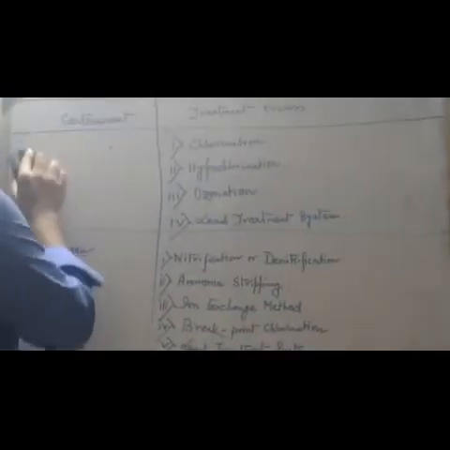Okay. Now please write down the next contaminant, that is phosphorus. So number 5 will be phosphorus.